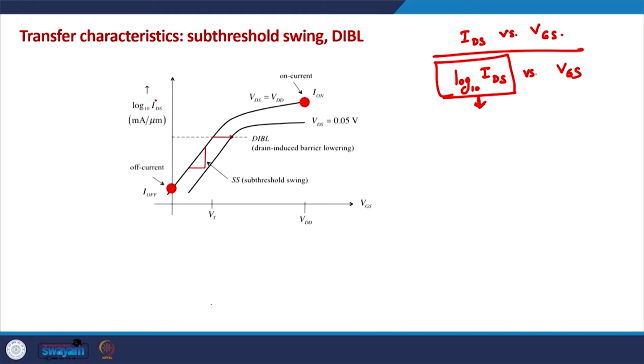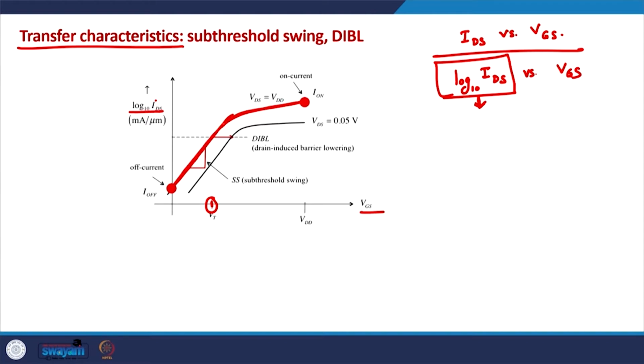So, if we analyze the IV characteristics, especially the transfer characteristics, on a log scale of the current, which means if we plot log10 IDS versus VGS very close to the threshold voltage, this is the kind of plot that we see.